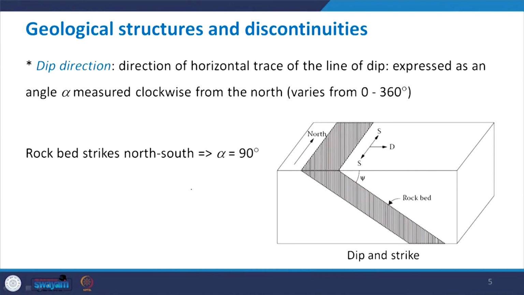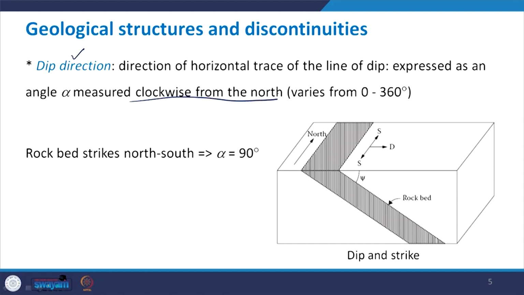Coming to the next part, which is the dip direction, it is the direction of the horizontal trace of the line of the dip, and it is expressed as an angle alpha, which is measured clockwise from the north.